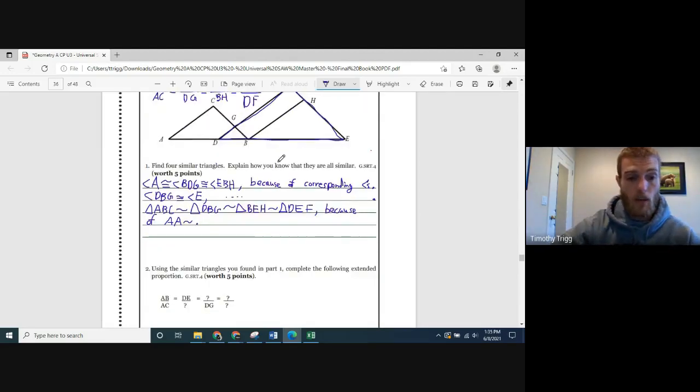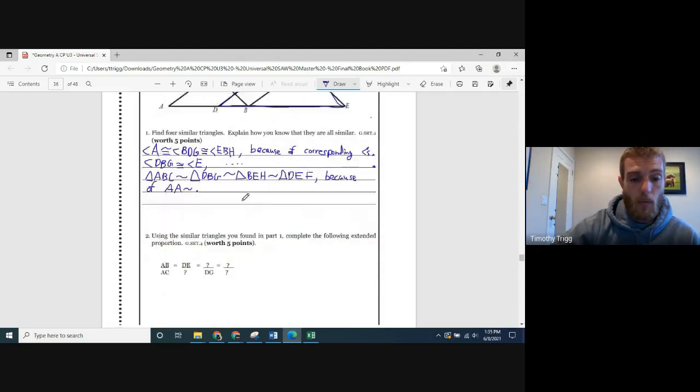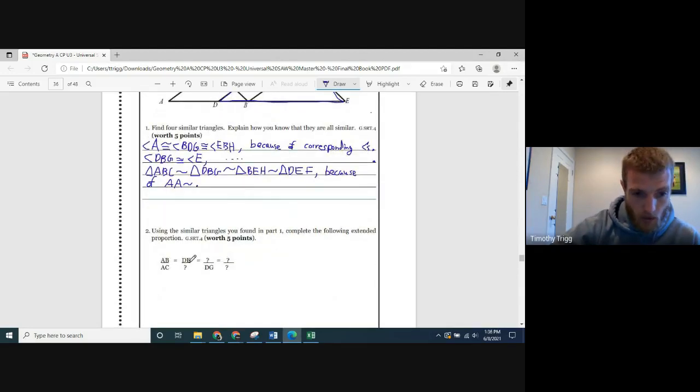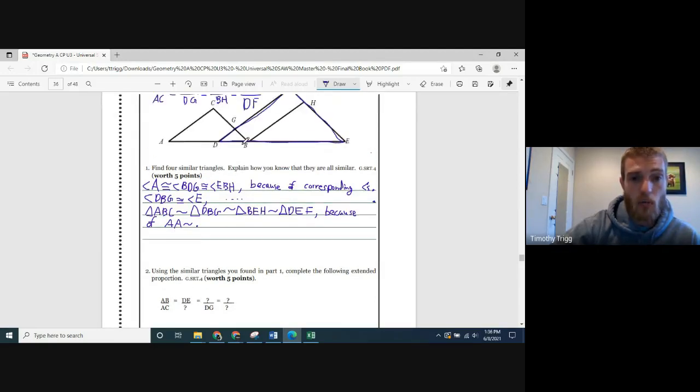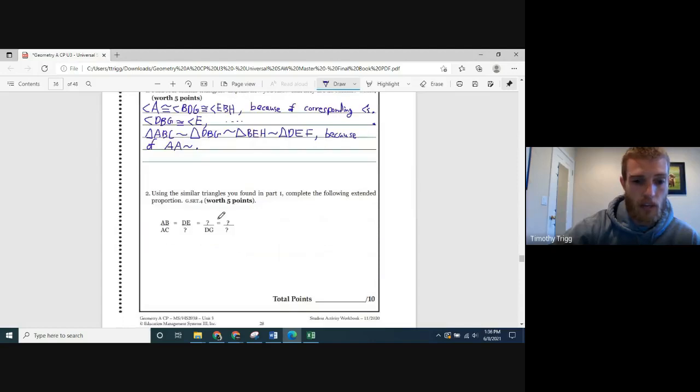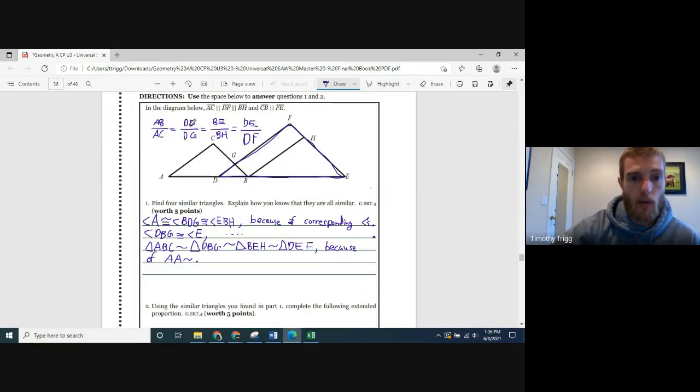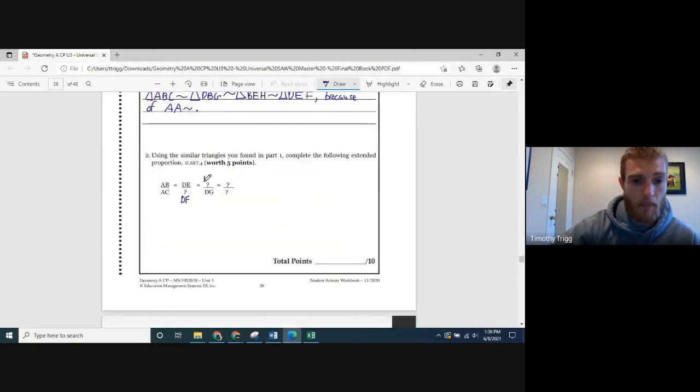Okay. So we want to make sure that we're putting all these correctly. For this one, AB over AC. The next one says DE. So what should this one be here? Ours was DE over DF, so this one should be DF here. This next one has DG in the bottom, so that should be DB on top.